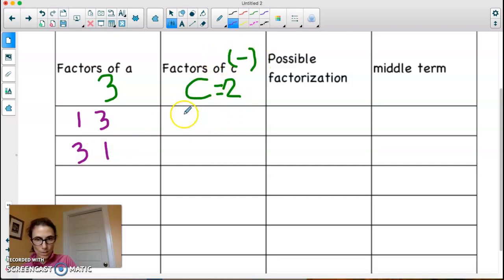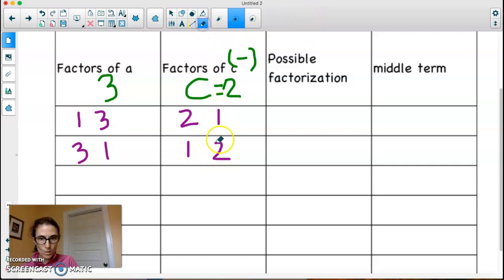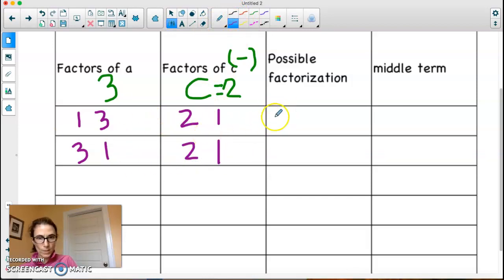And factors of C would be 2 and 1 or 1 and 2. Actually, let's wait. Since we wrote these out of order, we're going to keep these in the same order. Sorry about that. 2 and 1. That'll get those factors in any possible order that we could get.